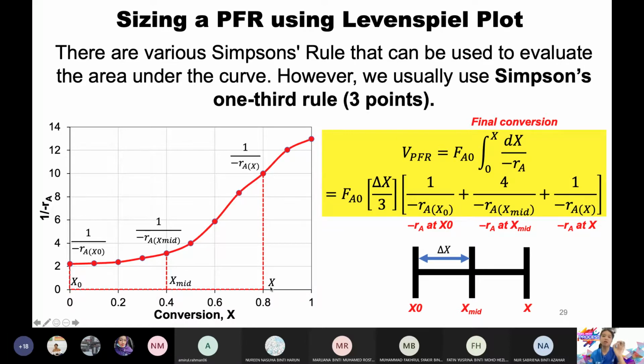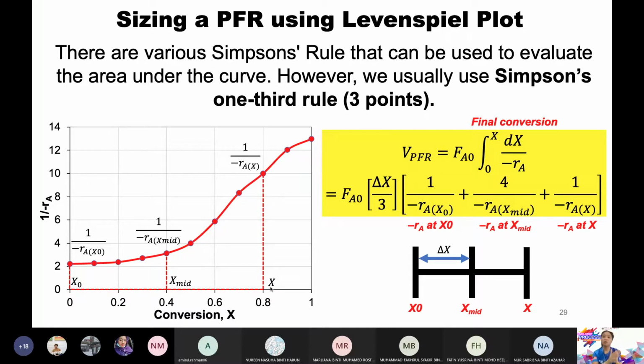Single punya reaktor mesti bermula conversion daripada 0. However, dia akan menjadi confusion kemudian when we learn reactor in series. Sebab bila reactor in series, kita akan kira volume, kita akan guna formula ni. Formula sama. Tetapi, when kita nak calculate series punya reactor volume, let's say the reactor is second or third in the series, permulaan conversion tu bukan 0. Dia akan start daripada conversion yang telah dicapai pada reaktor yang awal. So, it can be yang initial conversion tu maybe 0.6.